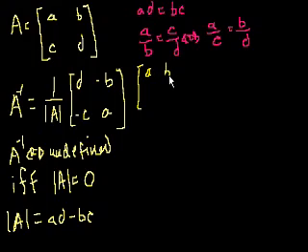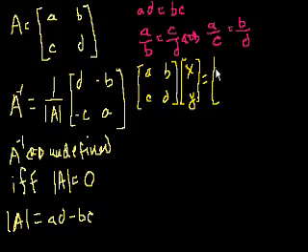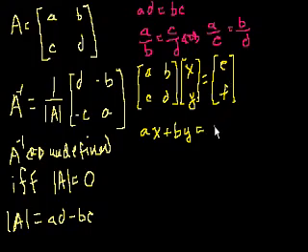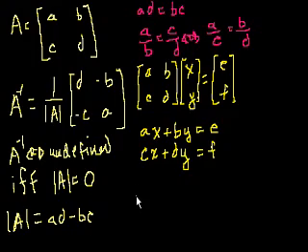So we have A, B, C, D times X, Y is equal to, I don't know, two other numbers that we haven't used yet, E and F. If we have this matrix equation representing the linear equation problem, then the linear equation problem would translate to A times X plus B times Y is equal to E, and C times X plus D times Y is equal to F. And we would want to see where these two intersect. That would be the solution, the vector solution to this equation.